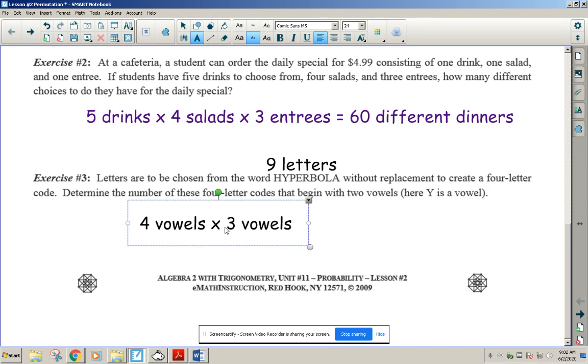Then I have two letters from the word hyperbola already used. That leaves me now for the other 2 choices with 7 letters left to work with. I pick a letter, then finally I have 6 letters.